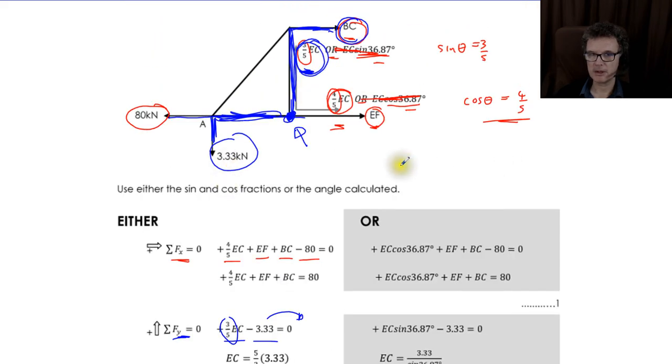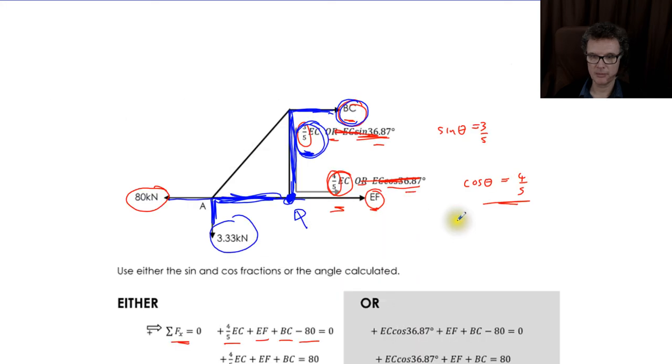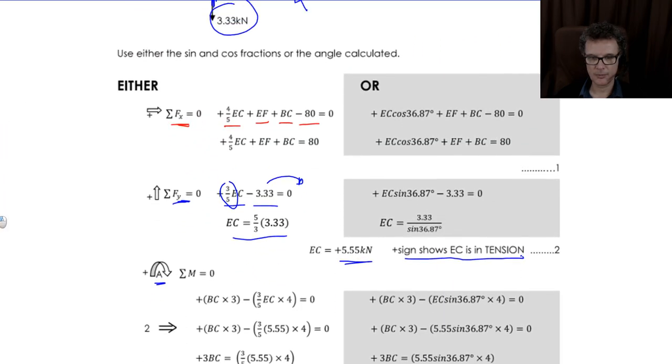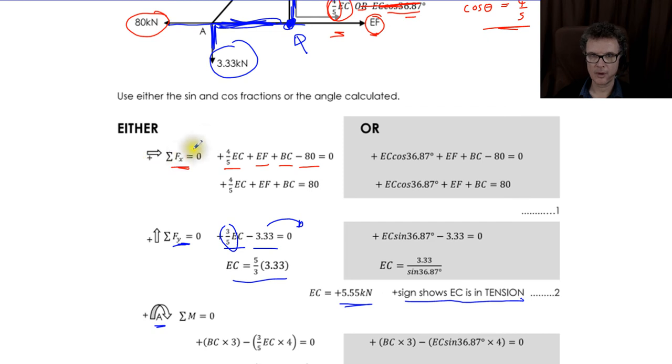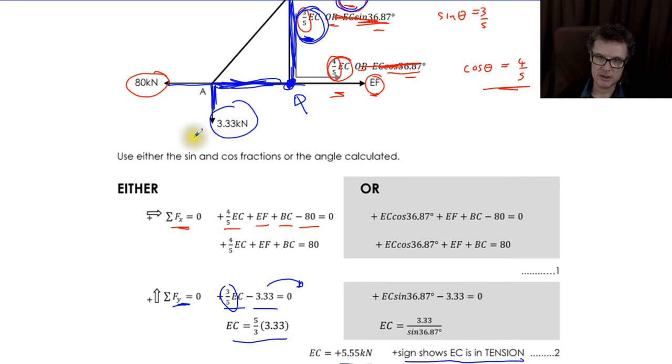Okay, so is that the right place? Where's A? We're taking moments about A, so not the point where I first wanted to take them. The advantage of that is we get rid of these two forces.